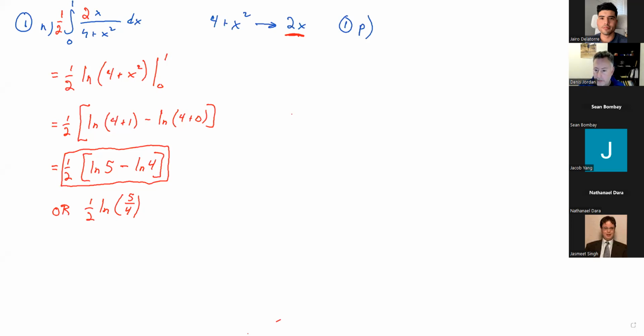Okay, 1p. Okay, so the integral from 0 to 1 of 2x over 4 plus x squared, cubed.